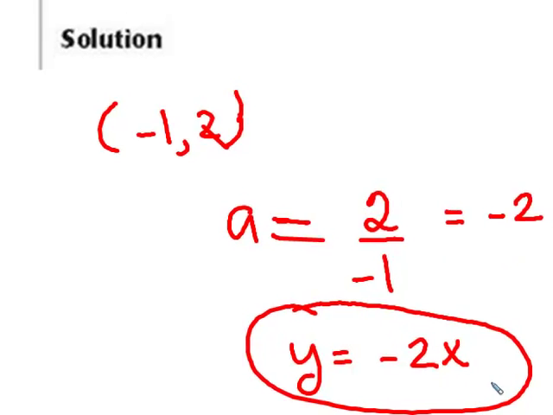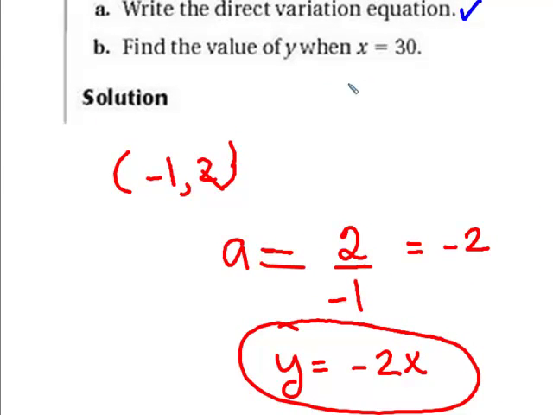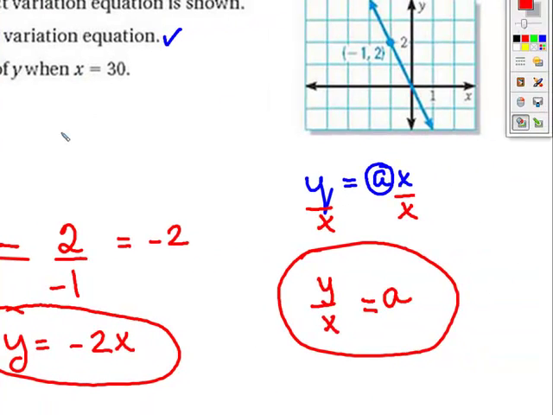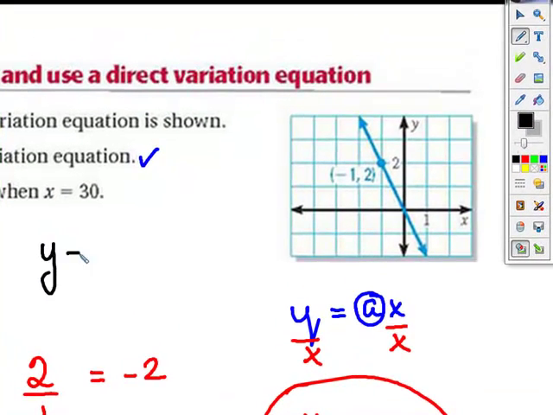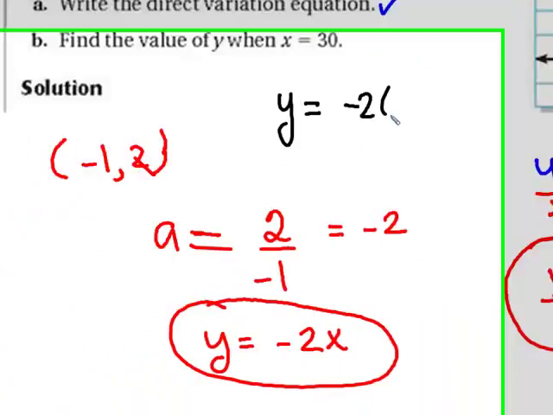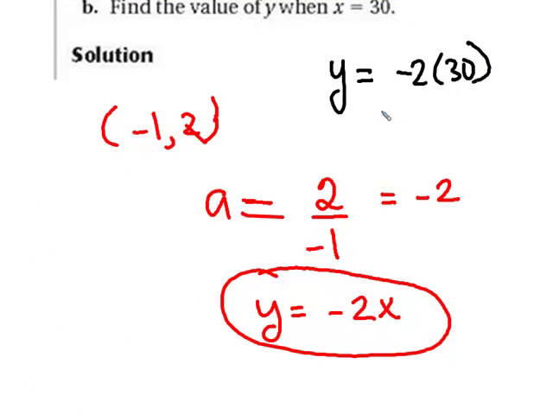So here's my actual equation. Now it says find the value of y when x is 30. Alright, we just plug it in. Negative 2 times 30. So y would equal negative 60. It's varying directly. I don't have to add or subtract anything onto it.